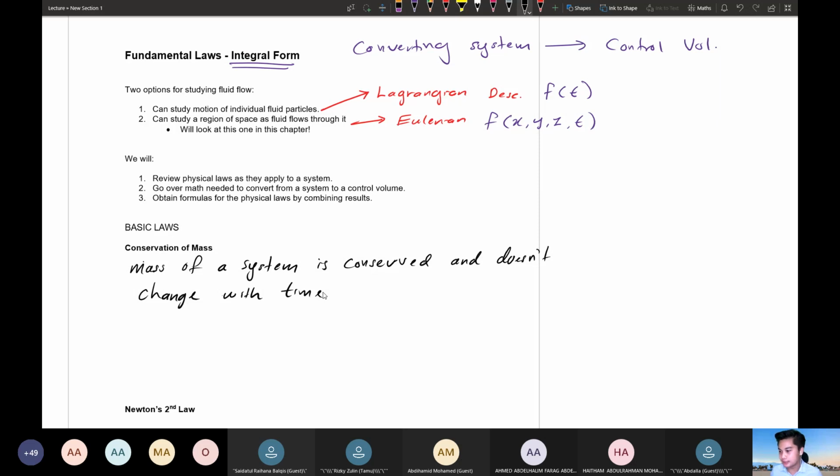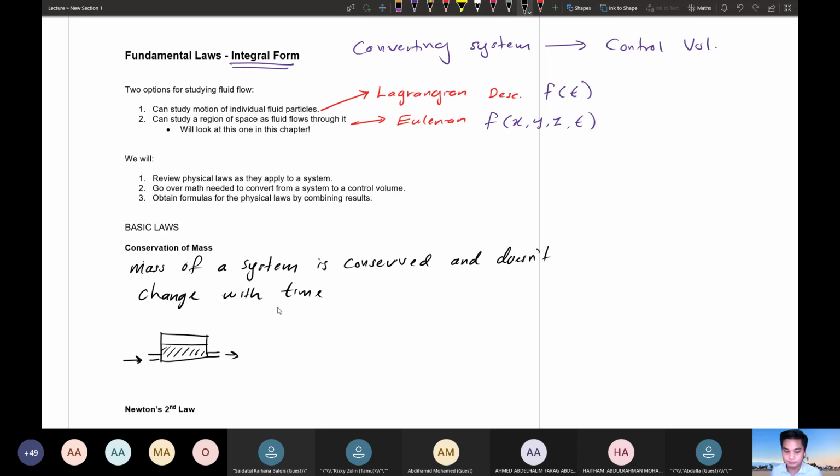For example, like this empty bottle, and there is flow from inlet to outlet. The mass here is still the same amount of mass over time.